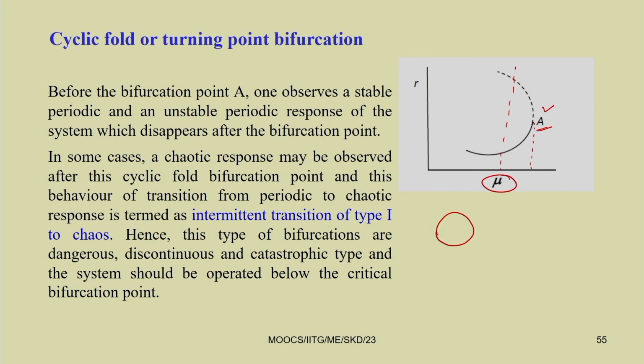Hence, these types of bifurcation are dangerous, discontinuous and catastrophic, and the system should be operated below this critical point. It should not be operated after A, which will lead to chaotic response.